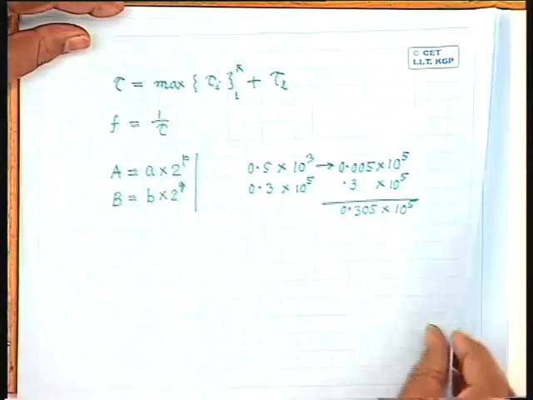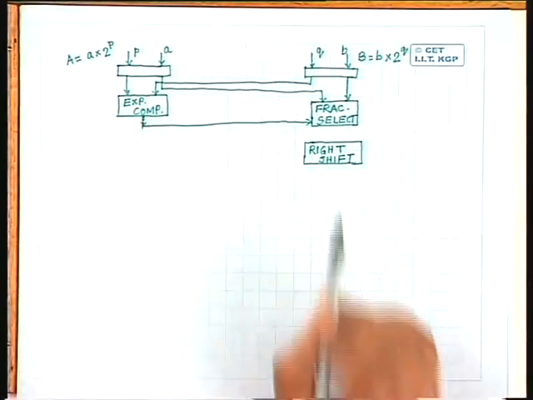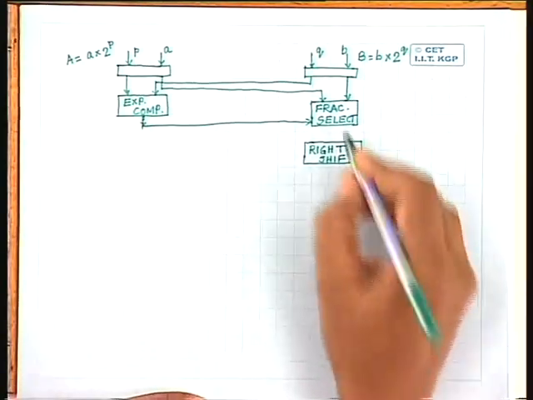So I have to select one of the fractions and give the required number of right shift to that selected fraction.